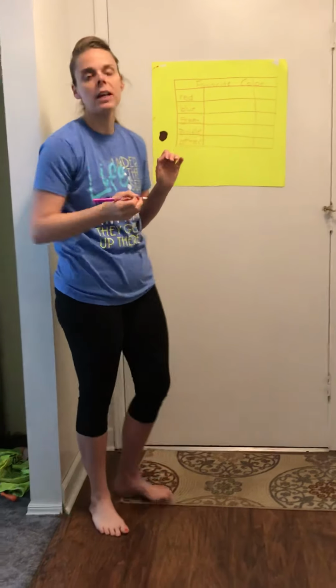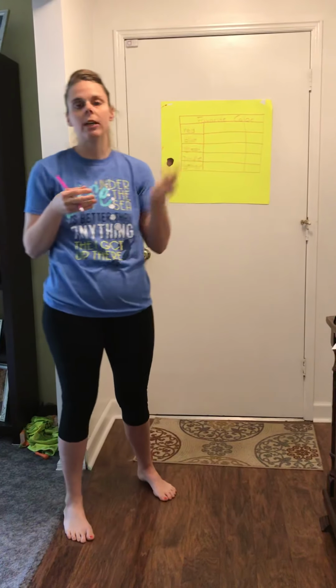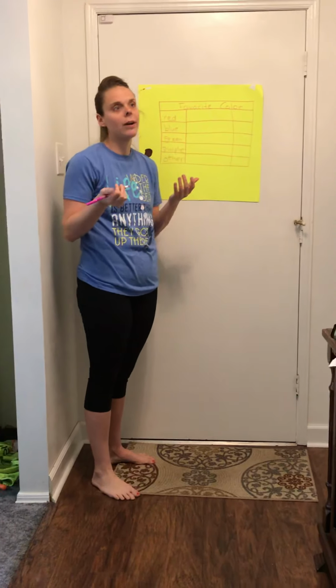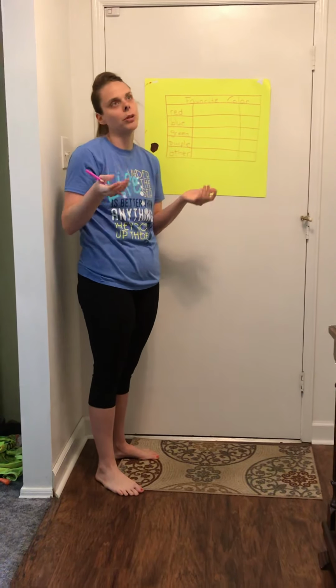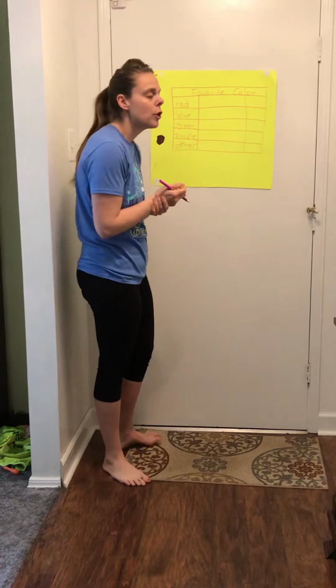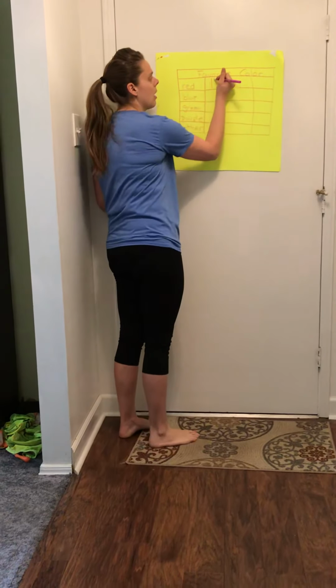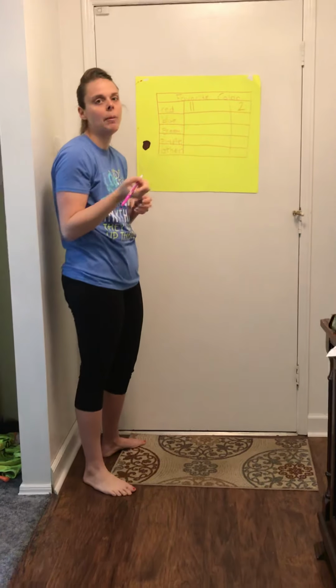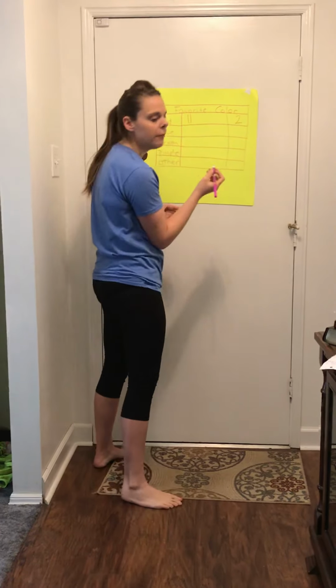We want to take our data and put it all together so by looking at the tally chart we can see really fast. Now on a tally chart, we're not going to draw bars, we're not going to draw pictures, we're going to make tallies. So if 2 people had red, I'm going to make 2 tallies, and then over here I'm going to go ahead and total that up already. Blue had 4.